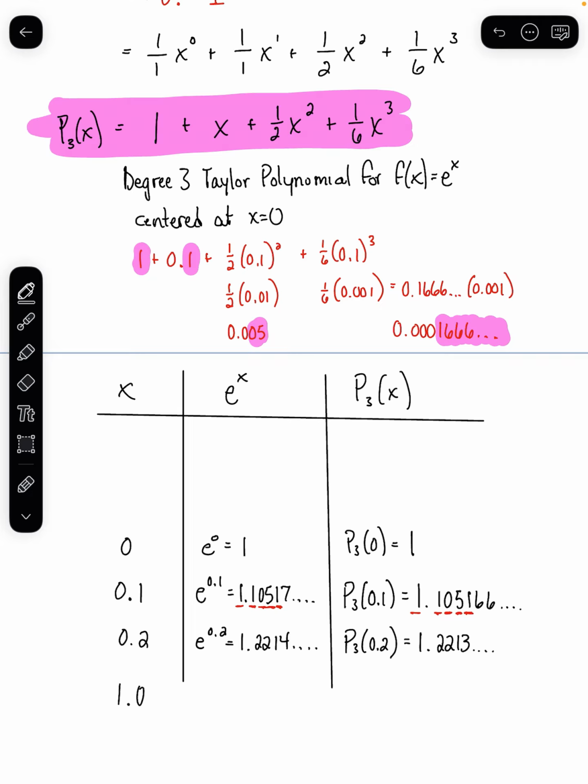Let's take a larger leap and go a full integer value away. E to the first, which is a value that hopefully we should be somewhat familiar with. E itself is 2.71828, etc. The polynomial here is actually incredibly easy to evaluate because if x is 1, then all the powers of it are just 1, and we end up just adding the coefficients together.